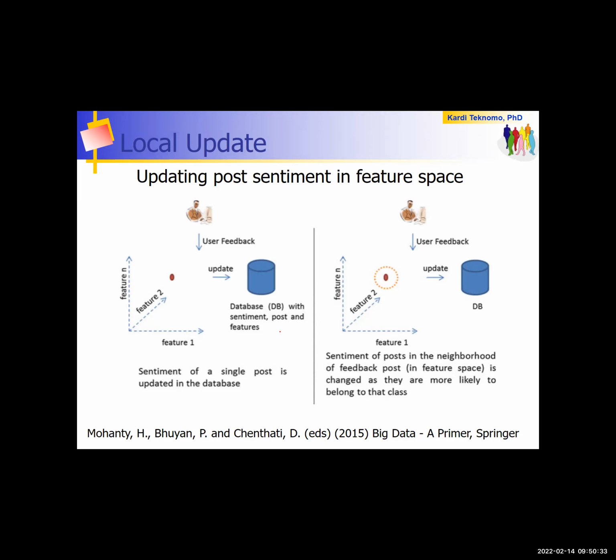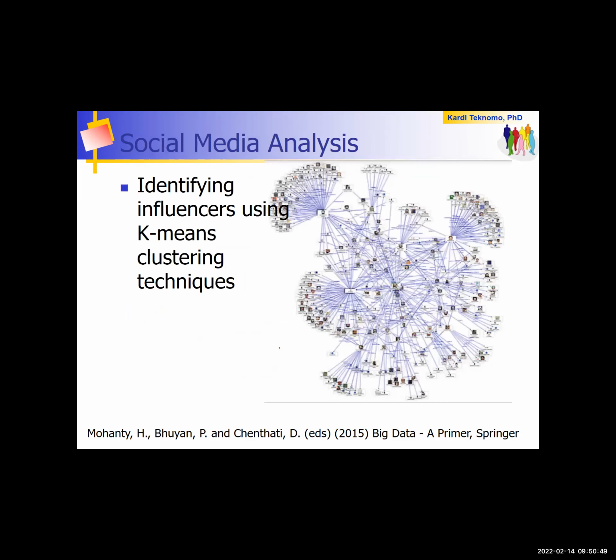The neighborhood here includes the friends, or the feature neighborhood. It's not just one feature, but the neighborhood of the feature. So this is a more advanced technique to update the sentiments.